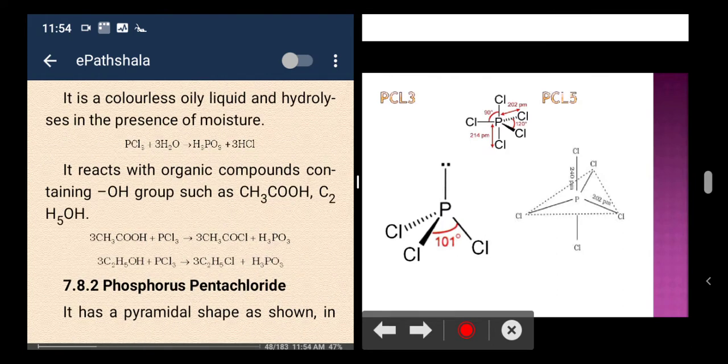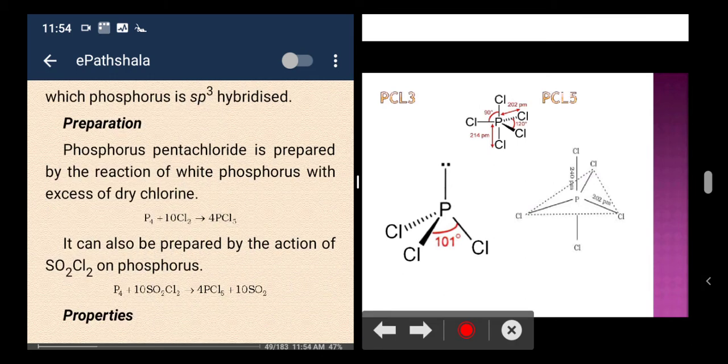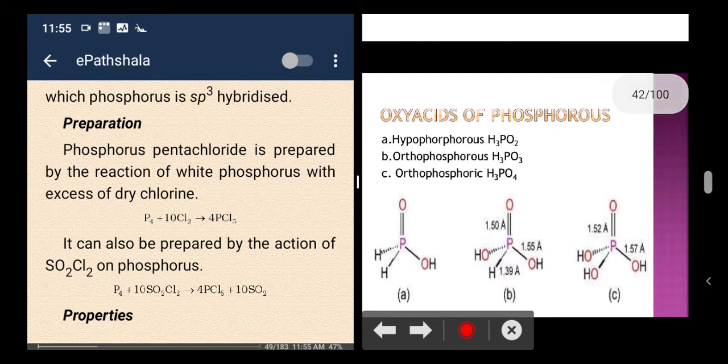Here the same phosphorus reacts with excess of dry chlorine, that is 10Cl2, forming PCl5. It can also be prepared by the action of SO2Cl2 on phosphorus, producing PCl5 and sulfur dioxide.